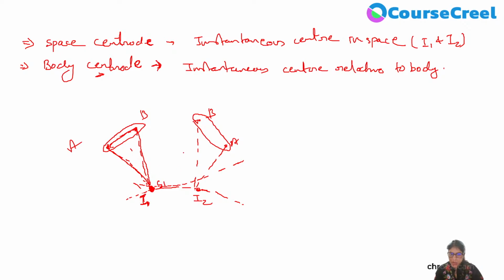So in that case, if we are considering the second position of this particular link, and if we want to define the instantaneous center in terms of I2, and if we want to define the position of this body centroid at the same point of I2, in that case, these two triangles, which are defining the position of I1 and I2, should be identical. In that case only the C1 will be at the second position of C2, which is coinciding with I2. Okay, so this is the concept of instantaneous center.